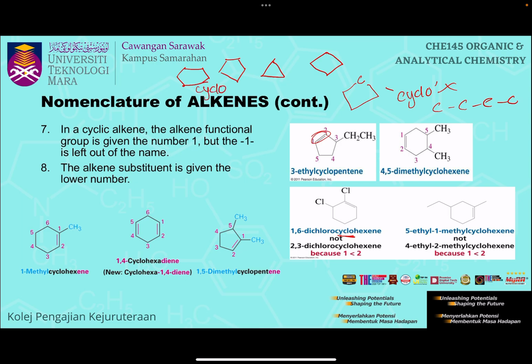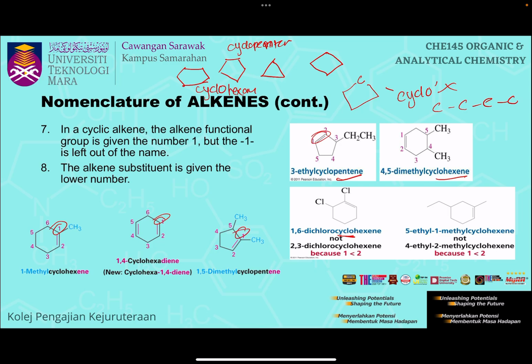You have to remember to put cyclohexane, cyclopentane, or cyclopentene, cyclohexene. And in a cyclo, you have to make sure your double bond is your first carbon. Then it makes life a bit easier for you.